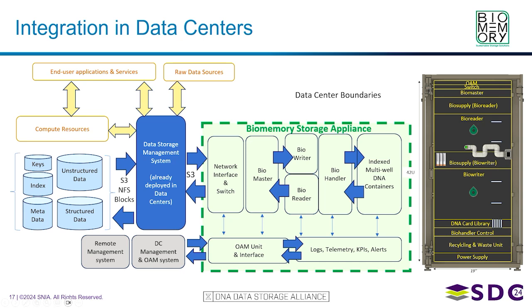All the DNA-centric domain and blocks are basically hidden from the external world. So it's really seen as an object storage system, independently of the fact that this is DNA. Obviously, there are some specific characteristics.